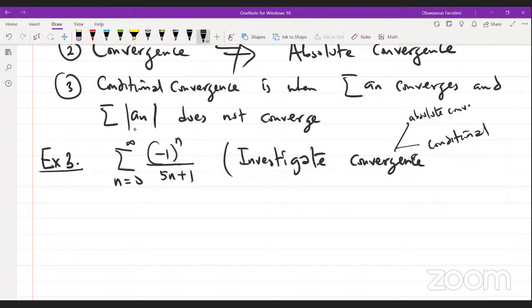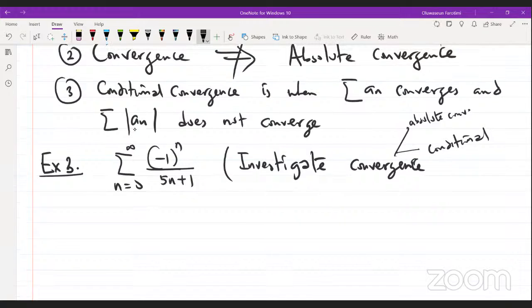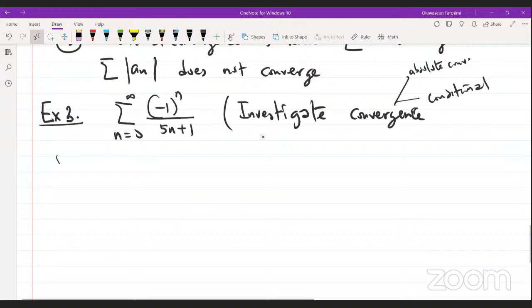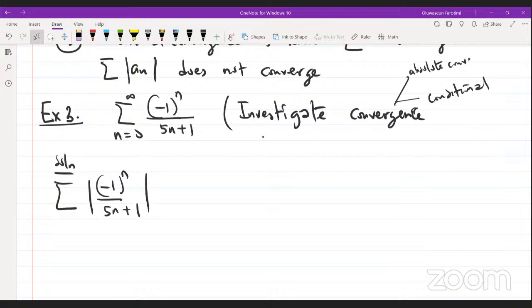Okay, so what do I do? Now, keep in mind that if a series converges absolutely, that means the series is convergent. So I need to just first start by going this way, (-1) to the power of n divided by this guy. Now, if you do this, you would have this guy.